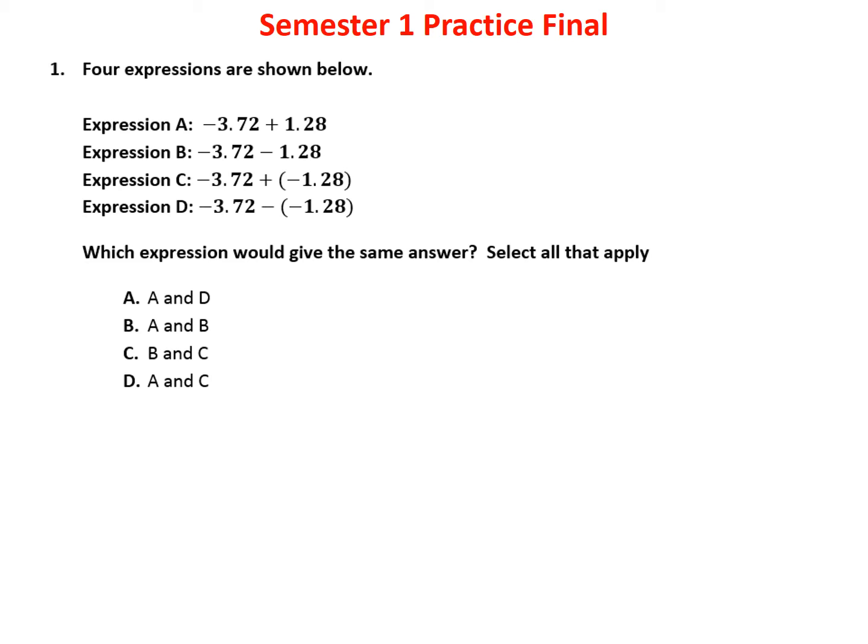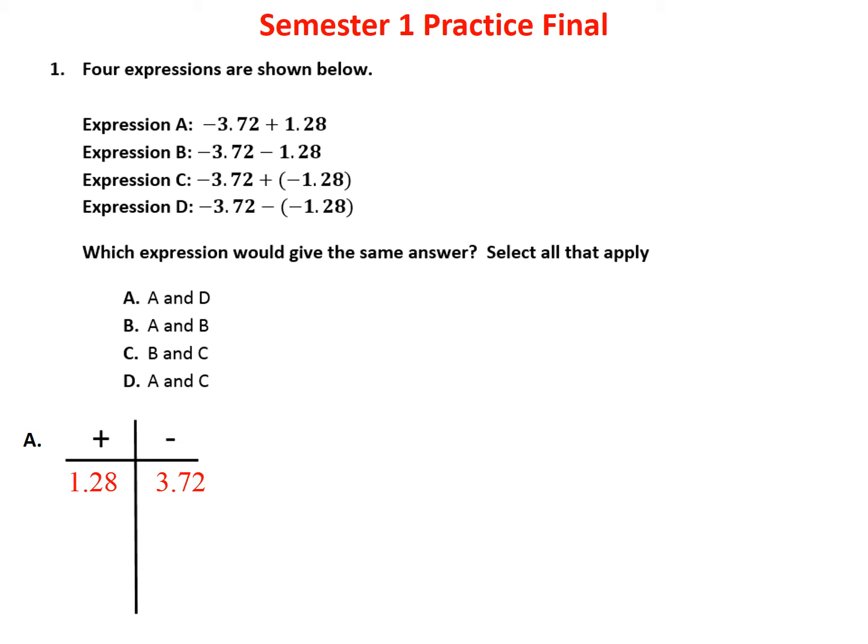Select all that apply. If you don't see this right away, we can always just add each of them and get an answer. So I'm going to use a T-chart, and remember that in a T-chart we put the positive on one side and the negative on the other to begin with. So in our first expression A, we start with a negative 3.72, so we'll put the negative on the right side, and then we're adding a positive 1.28, so we put that on the other side.